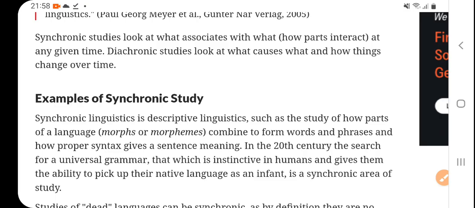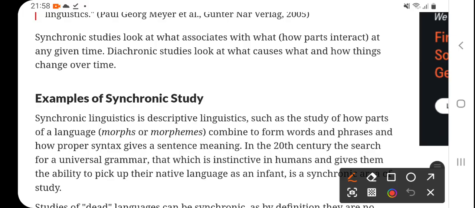Diachronic studies look at what causes what, and how things change over time. So what was the reason?